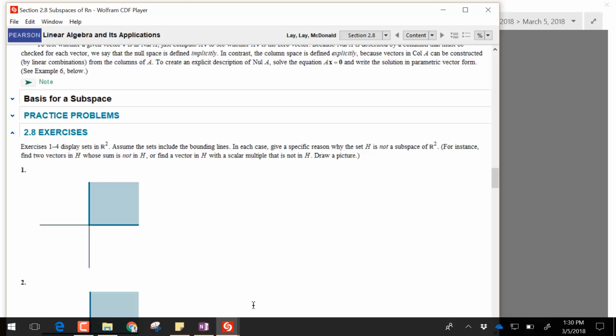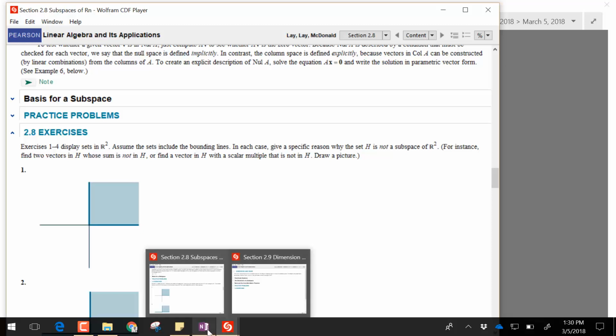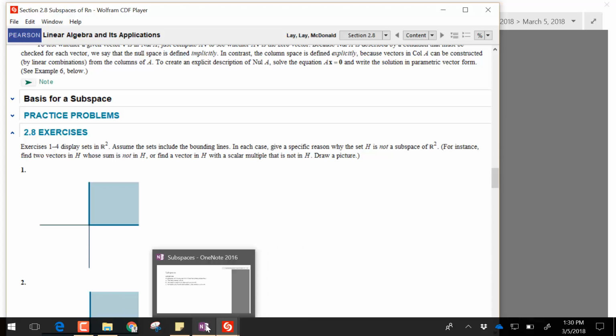For instance, find 2 vectors whose sum is not in H or whose scalar multiple is not in H. All right, so let's take a look at that.